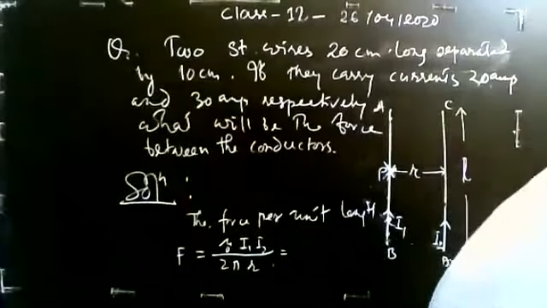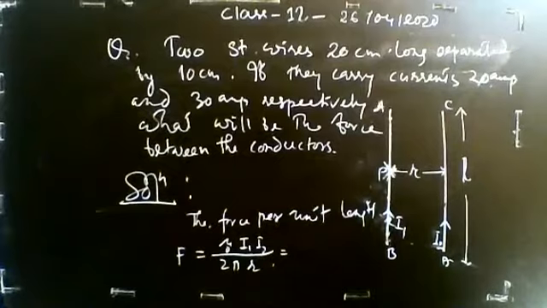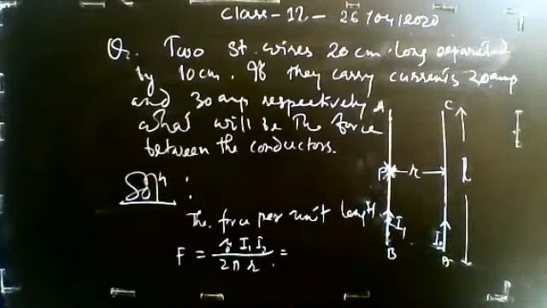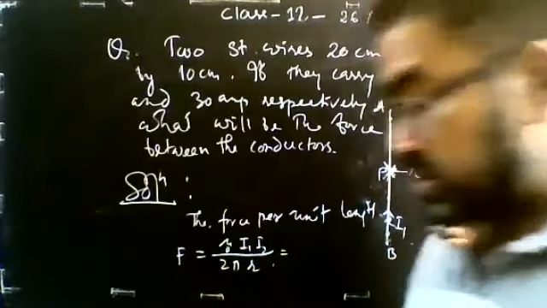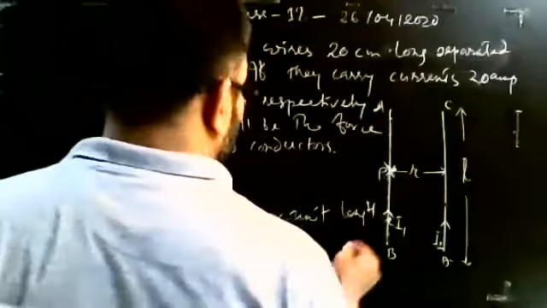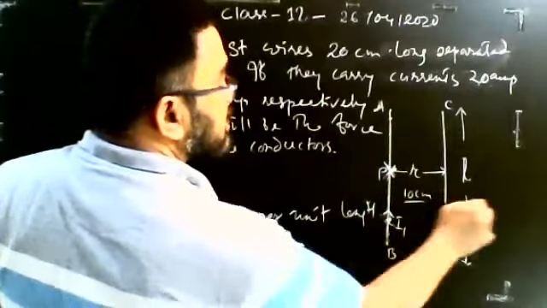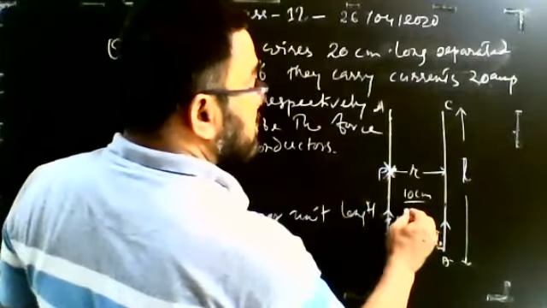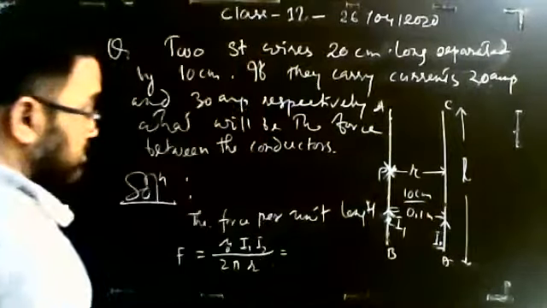The value of mu naught, as you know, is 4 pi × 10⁻⁷. Only R is given here as 10 centimeter. It should be converted into meter, so R is 0.1 meter.